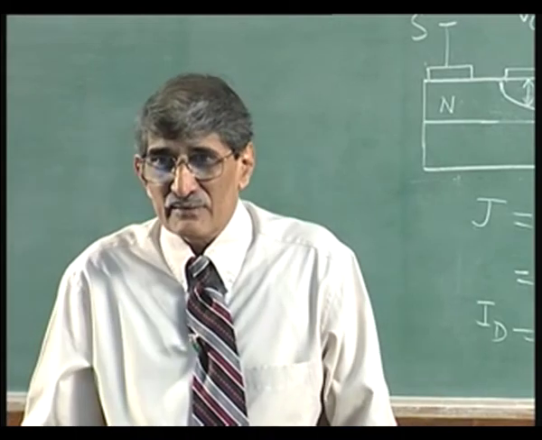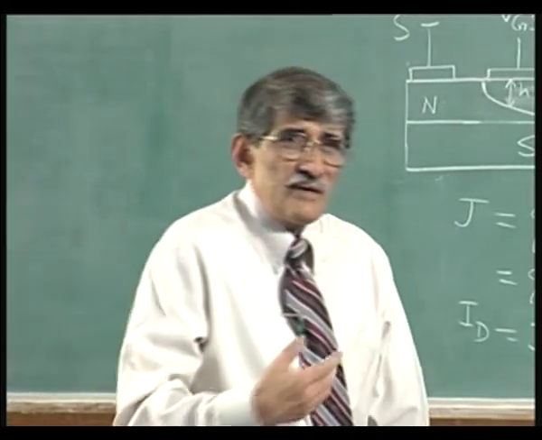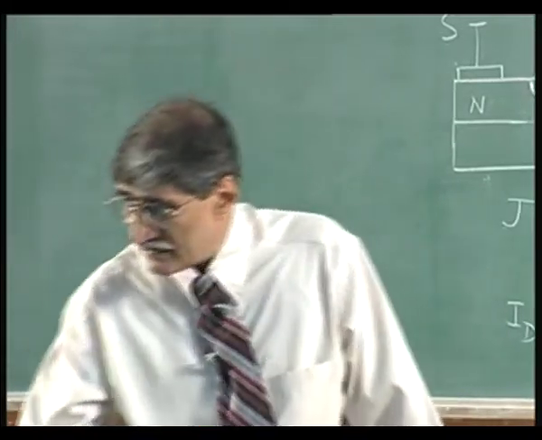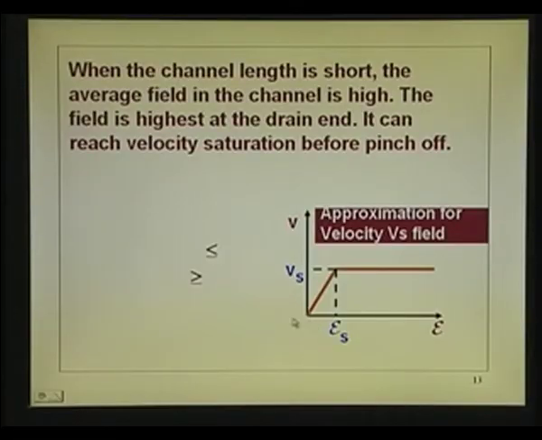So, what we do is, whether you have gallium arsenide or silicon, whatever it is, we make an approximation that the velocity field characteristic is linear, then saturates. In other words, instead of saying it like this, we say it becomes like this.